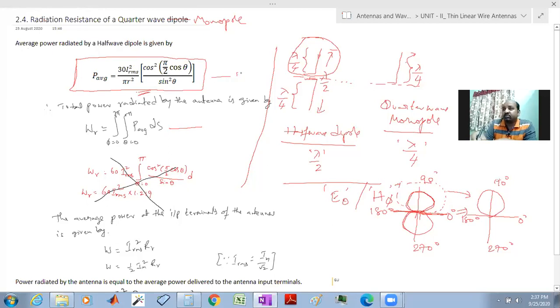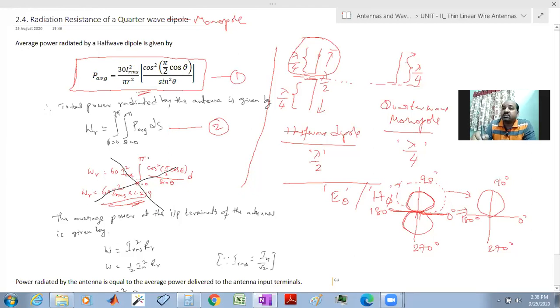Let us say this is equation 1 and this is equation 2. This is the procedure we followed for the half wave dipole. We calculated the average power, substituted it here, and simplified to get this.